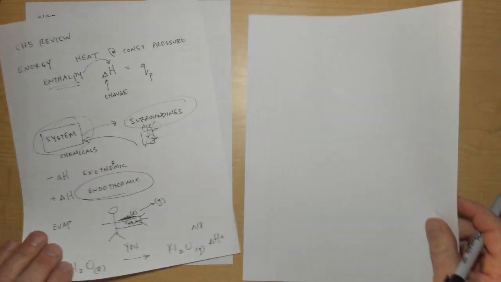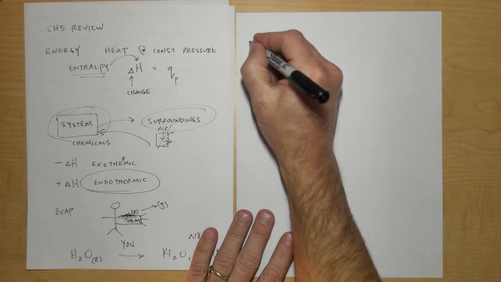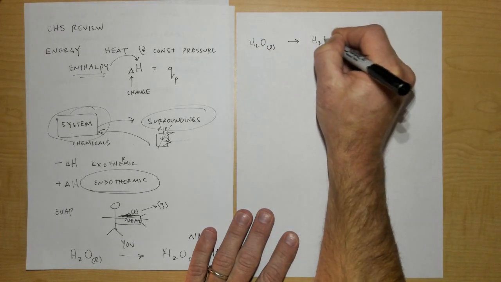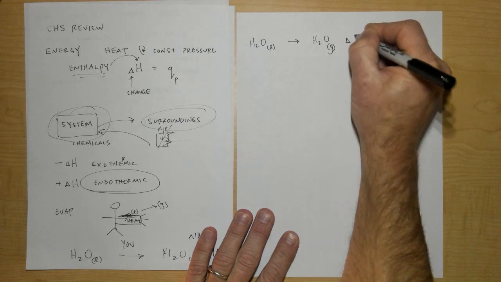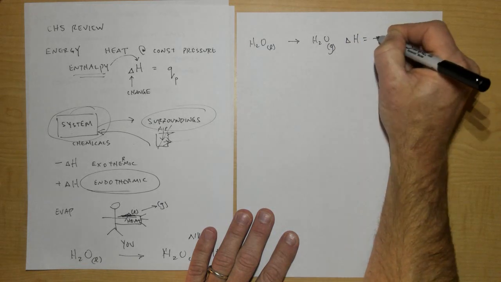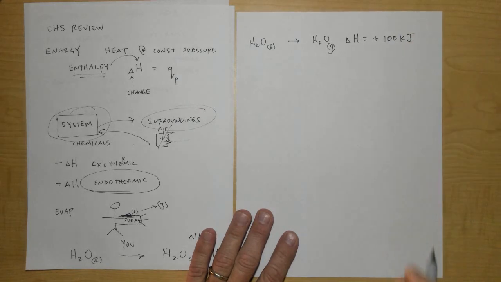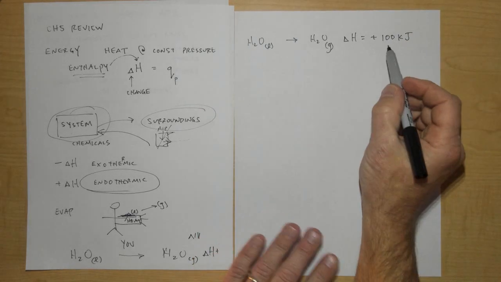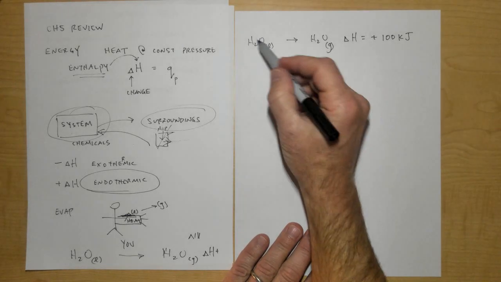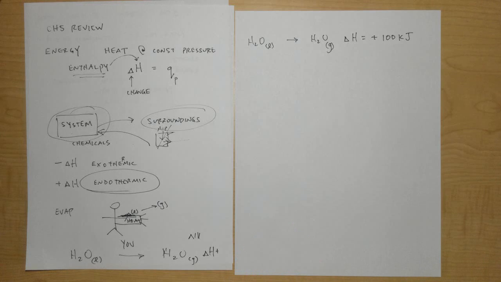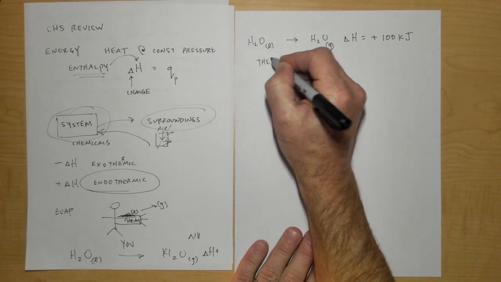I'm running out of room. H2O liquid goes to H2O gas, and the enthalpy change would be a positive, let's just make it up, let's just say it's a positive 100 kilojoules. This is because the energy would be put into this system, and then this system would change from liquid to gas. This is called a thermochemical equation.